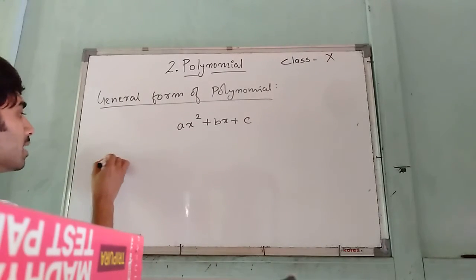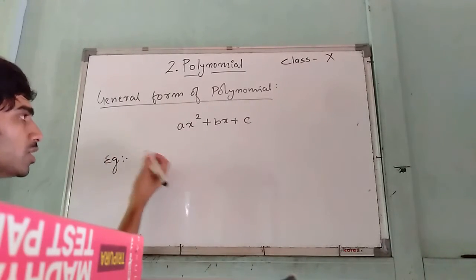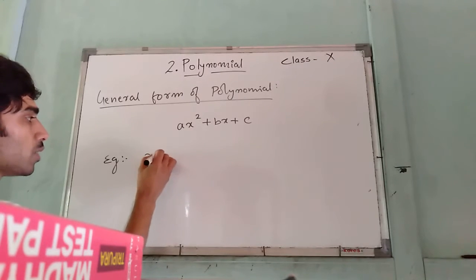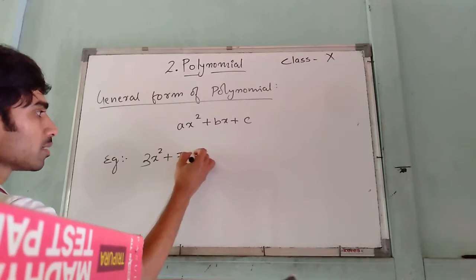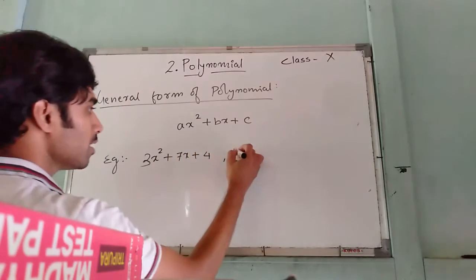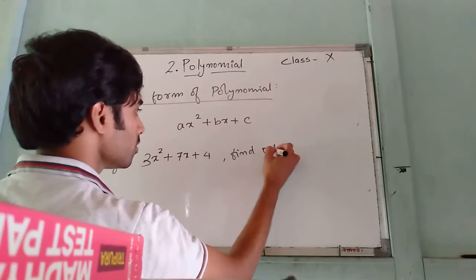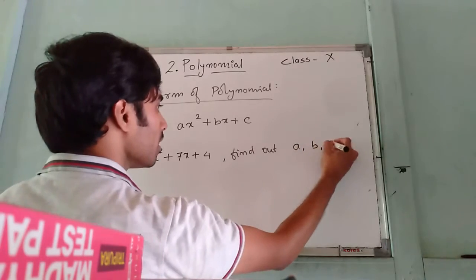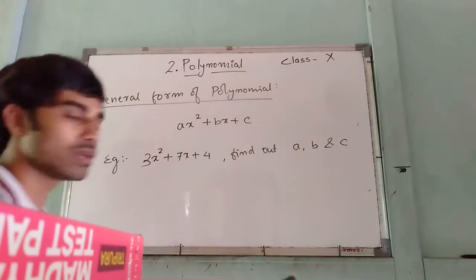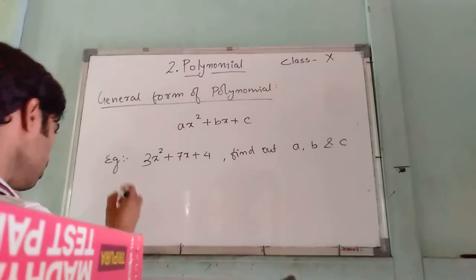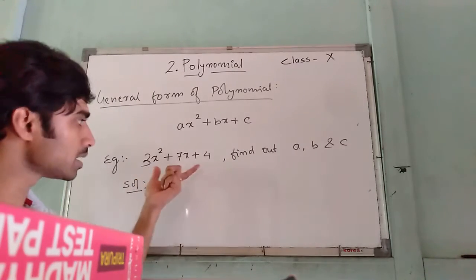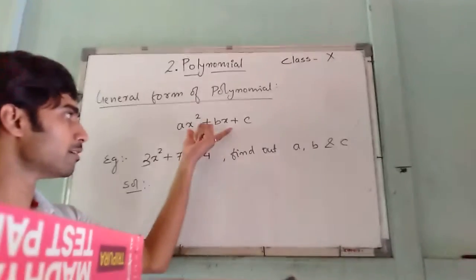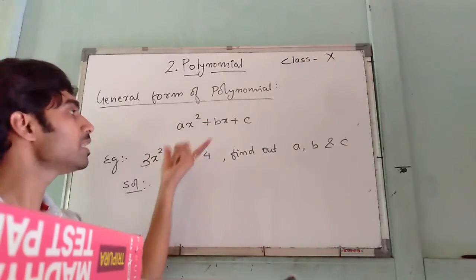Now let's take some example. Suppose the question is 3x square plus 7x plus 4. The question is to find out a, b and c. What you have to do in this case is compare this given polynomial with the general form.